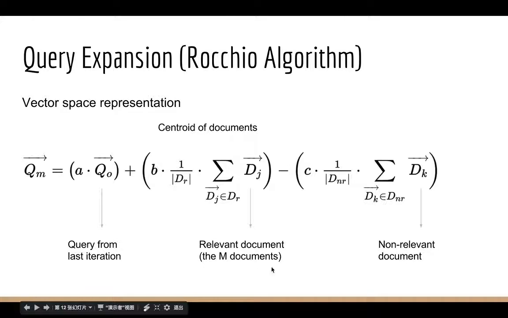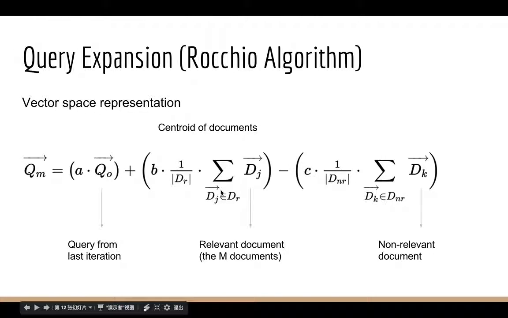Well, in our case, this is the M document that we are targeting, and the DJ here is for the relevant documents, and DK represents the non-relevant documents, and A, B, C are the three parameters, and this term in the bracket is essentially the centroid of the documents if we use the vector space representation.